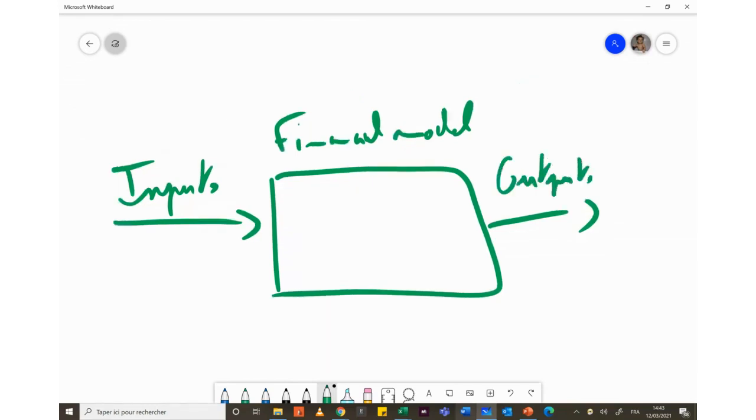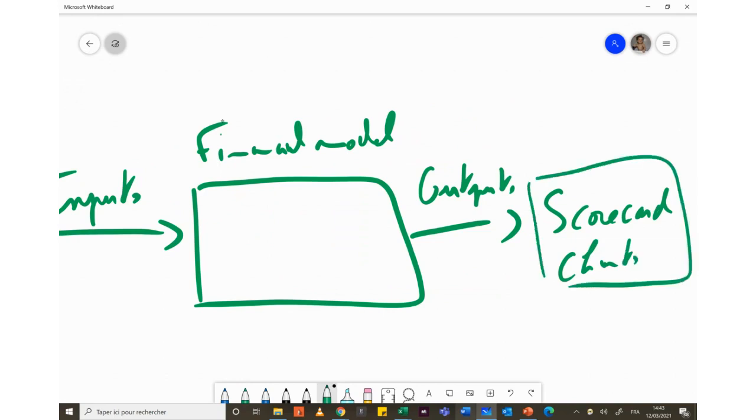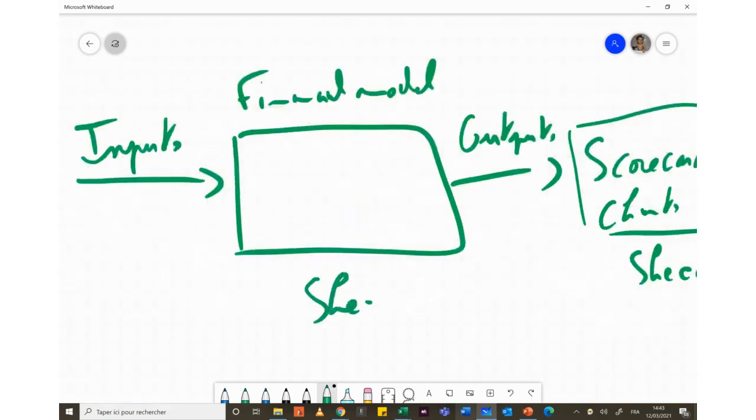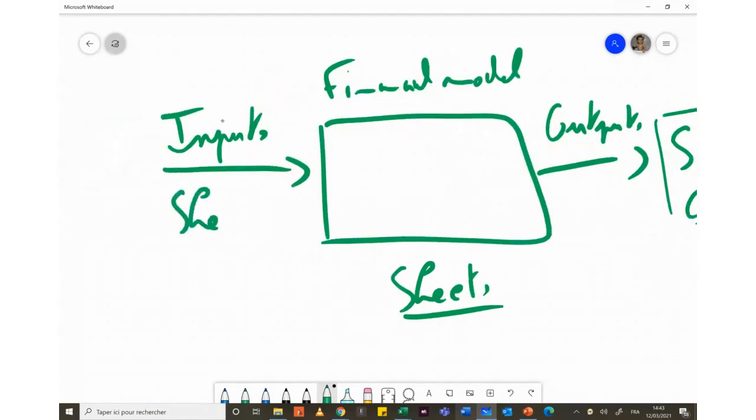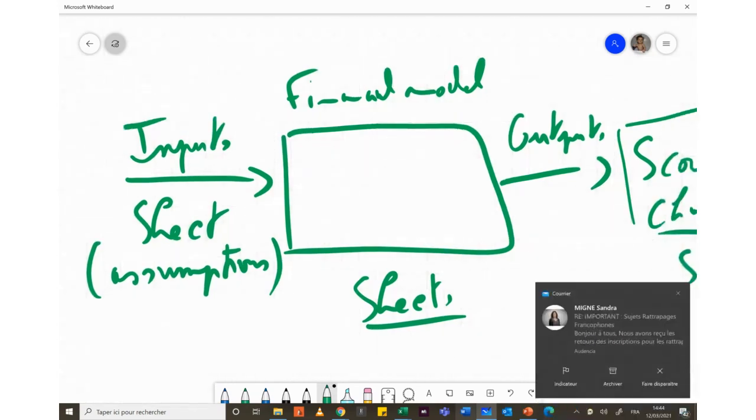So we put this one in a kind of scorecard with a chart and table and so on, on one specific sheet. Here you create sheets for the different parts of your financial model. And here you separate one sheet for the assumptions or inputs. So normally we create Excel in this way. We separate in sheets the inputs, the financial model, and the ending results with the charts and so on.